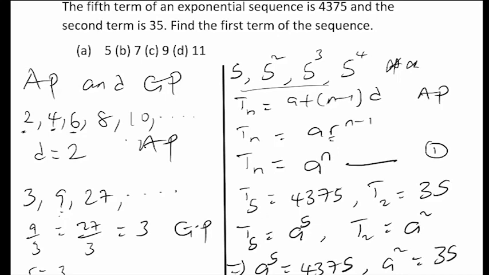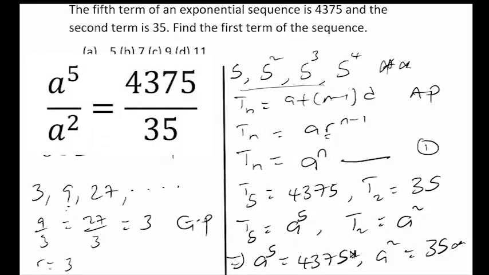So let's divide these two. We have a raised to the power 5 divided by a raised to the power 2 equals 4375 divided by 35.